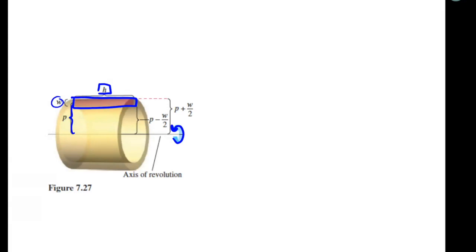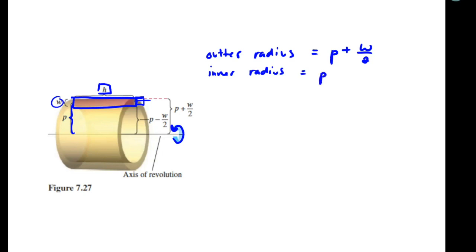Since it is a shell, we have this outer radius, and since w is my width, and p kind of sits right in the center, my outer radius is going to be p plus half of w, right? And my inner radius is going to be p minus half of w.